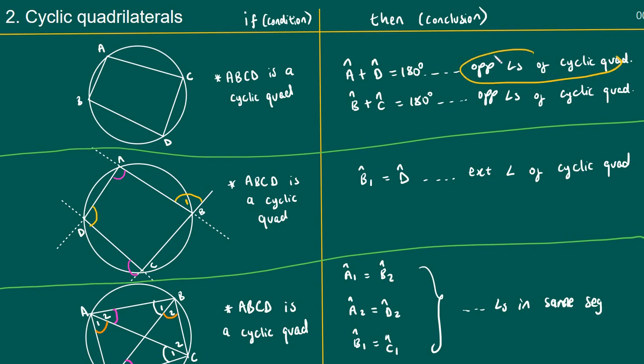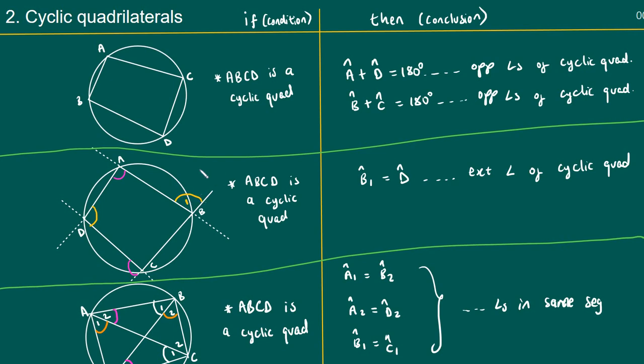You will say opposite angles of a cyclic quad as your reason, and then you will conclude that angle B plus angle C will be what? 180 degrees, opposite angles of a cyclic quad, because ABCD is a what? A cyclic quad.